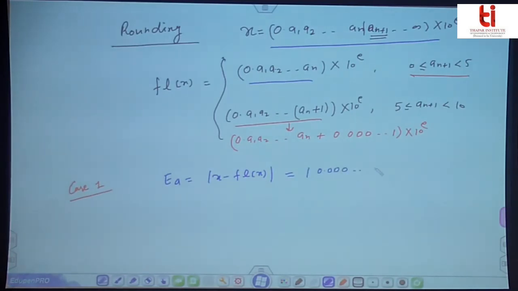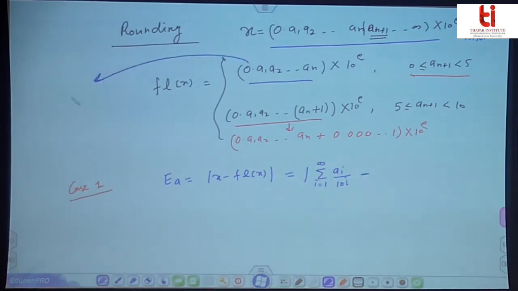We are getting 0.000 a(n+1), or just recall the previous thing. Okay, before that just keep in mind what x is. x means summation i equal to 1 to infinity ai upon 10 raised to power i, as we have taken this number, into 10 raised to power e. Okay, so minus, what is this number?